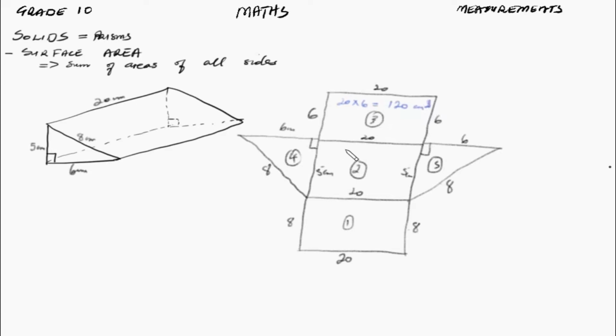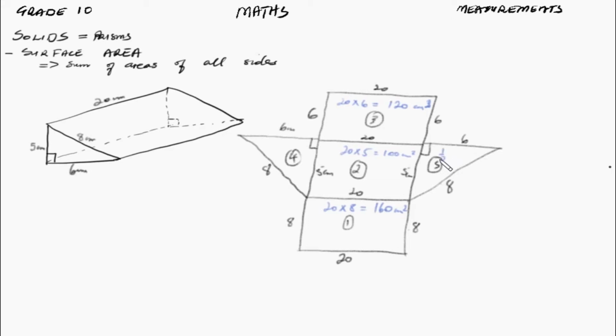Here you would have 20 times 5, which is 100 centimeters squared. Here you would have 20 times 8 centimeters, which is 160 centimeters squared. Now this one, it's a right angle triangle, so area would be half base by height.